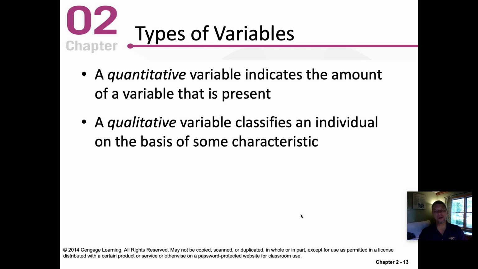Now, on the other hand, a qualitative variable classifies an individual on the basis of some characteristic. For example, it might be choice of a political party, or it might be the religion of the individual. Those are qualitative types of variables.